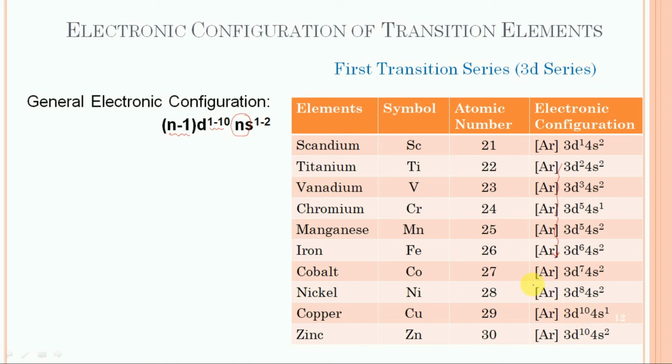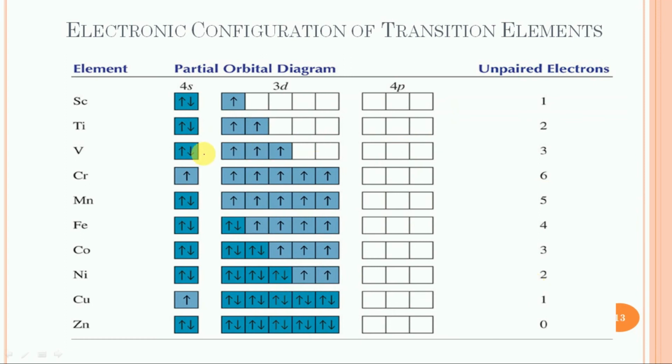It may be noted that the configuration of chromium and copper is anomalous, and this is due to the reason that half filled and completely filled electronic configurations, that is 3d5 and 3d10 systems, have extra stability associated with them.